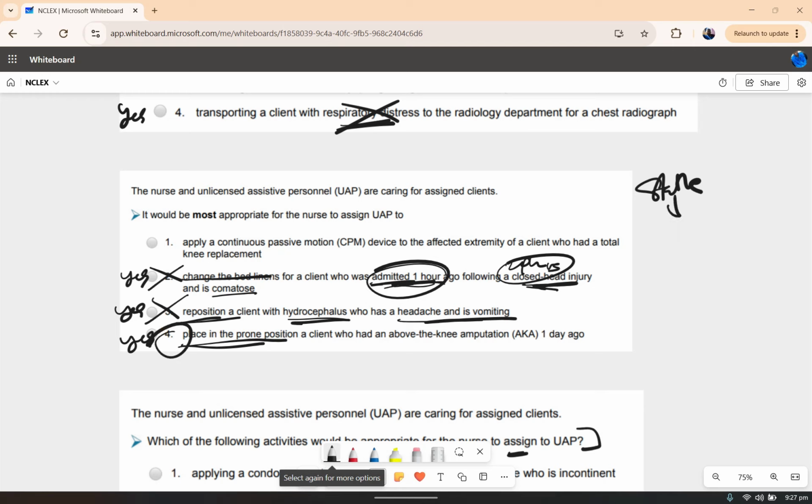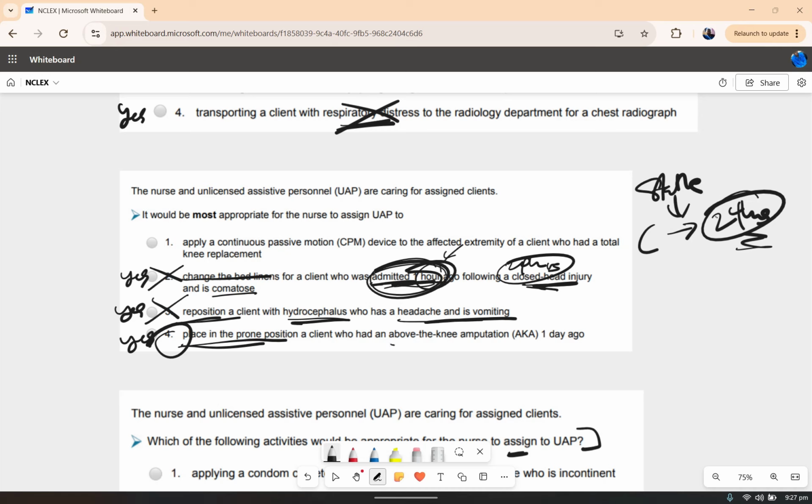Now the principle of a patient being stable is that they have their condition, maybe, but what are they experiencing now? If the patient is experiencing symptoms, then that patient might likely not be stable. But if they have not been experiencing anything for at least 24 hours, then that patient is stable. This patient is newly admitted. Any patient that is just admitted is not stable. And guess what? They said 1 hour, that is not even up to 24 hours.